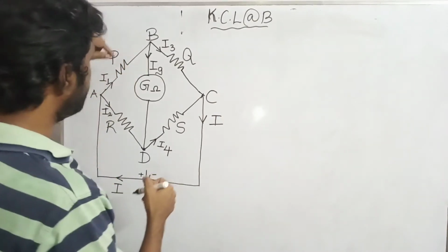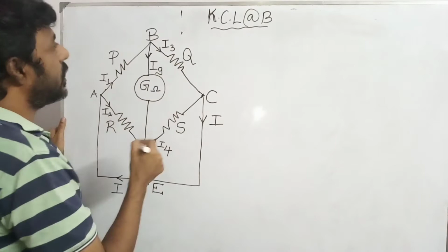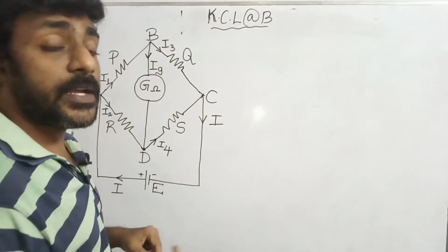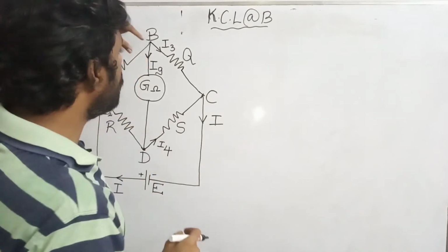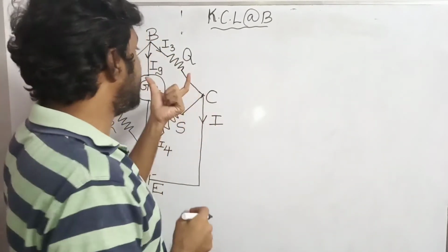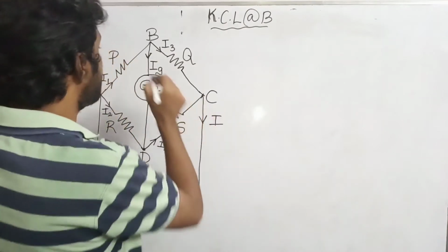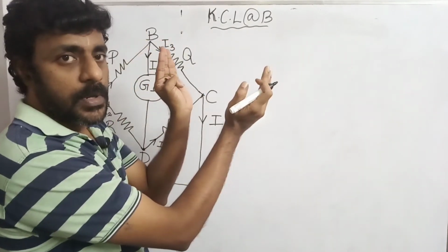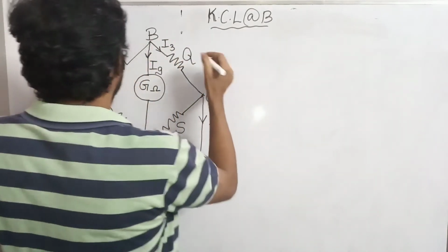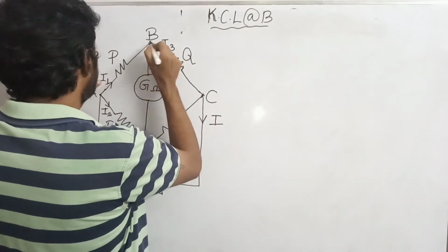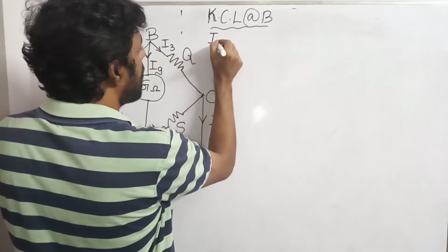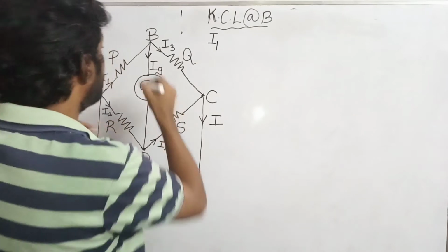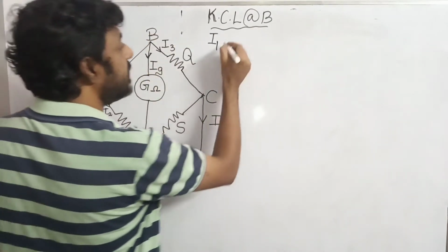At B, what will happen? The current that is entering into the junction is considered to be positive, and the current that is moving out of the junction is considered as negative. So let's frame an expression based on this statement. The current that is getting into the junction, that is I1, will be positive, and the two currents that are moving out of this junction are IG and I3.